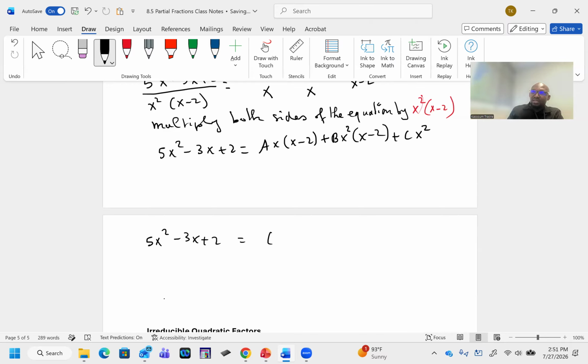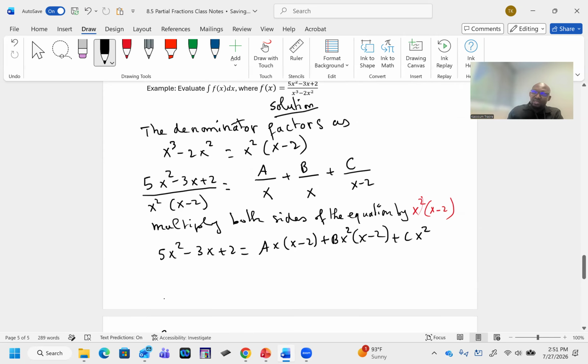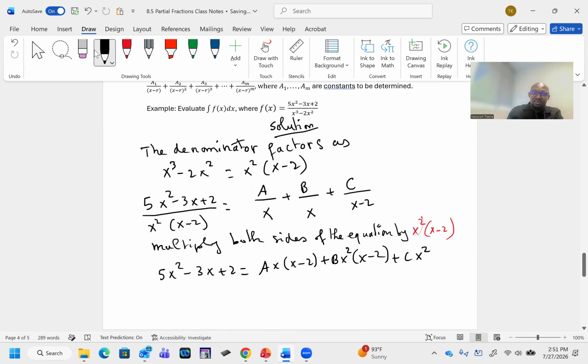sorry, this was bx squared. Oh, I messed up. There is no x here, because this should be a divided by x plus b divided by x squared. B divided by x squared. So my bad, this happened.